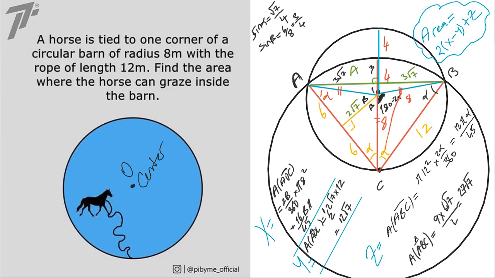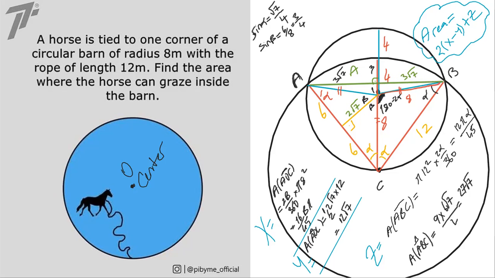So opposite alpha is here 2 root 7. So we will get 3 root 7 because the ratio is, if this is 8, this is 12, so the ratio is 2 to 3. When you simplify by 4, you will get 2 here, you will get 3 here, so 2 to 3. So if this is 2 root 7, this is 3 root 7, this part.